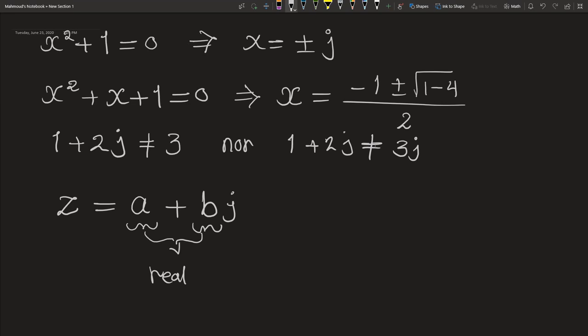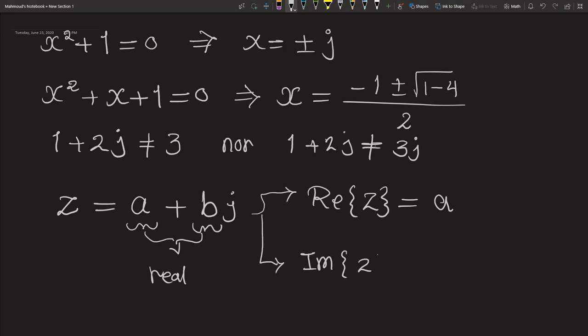And in fact, this can be encoded in a symbolic form by writing that the real part of z, which is a complex number, is equal to a, and the imaginary part of z is equal to the real number that multiplies j in the expression for z, which is in this case b.